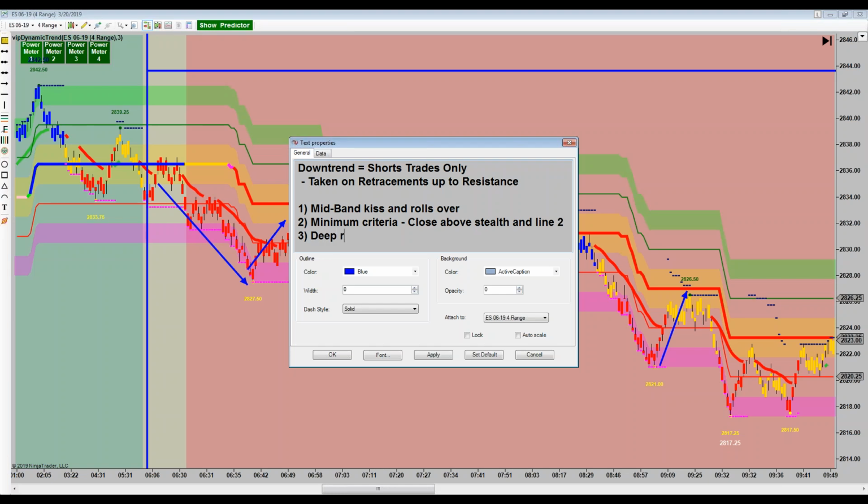You may even hear something to the effect of a phantom. A phantom is just another word for a deep retracement going to the opposite end, and we'll look at those. And those can go all the way to, in the case of the short, line 6. Okay?